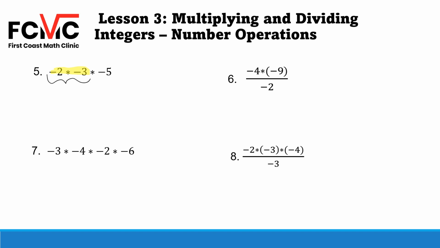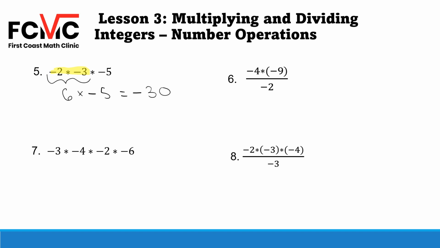Whenever I multiply two numbers that are the same sign, I know the sign of my answer is going to be positive, and then 2 times 3 is going to give us 6 times -5. We'll bring down that -5. Now we're multiplying two numbers that are opposite signs. If our numbers are opposite signs, the sign of our answer is going to be negative, and then 6 times 5 is going to be 30.